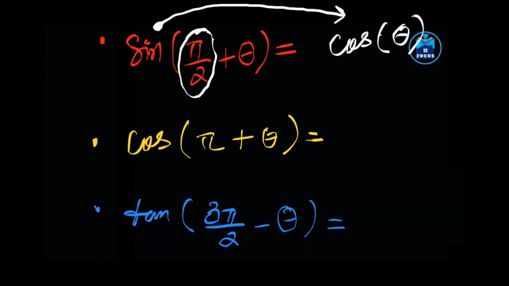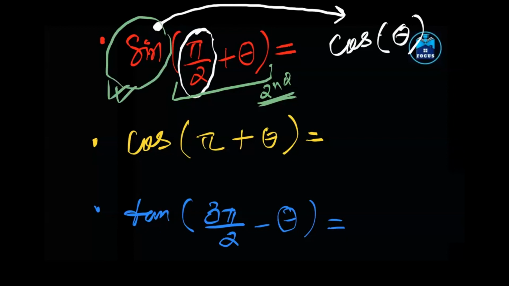So you write cos theta. Now the second thing to identify in the problem is what quadrant this is. Pi by 2 plus theta is the second quadrant. And in the second quadrant the sine family is positive, right? Add sugar to coffee, which means the sine family is positive. And the question is in the format of sine.